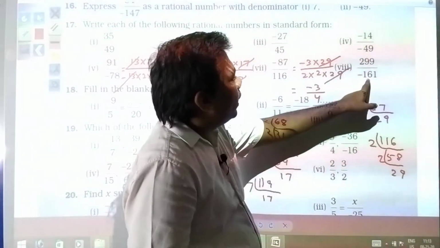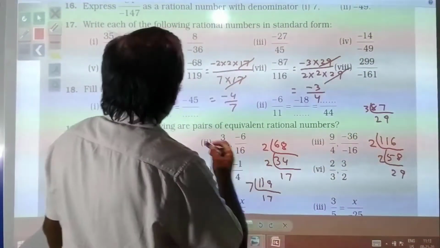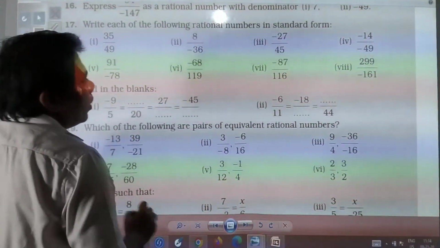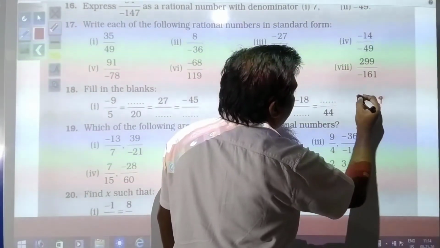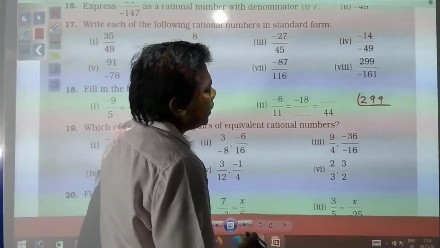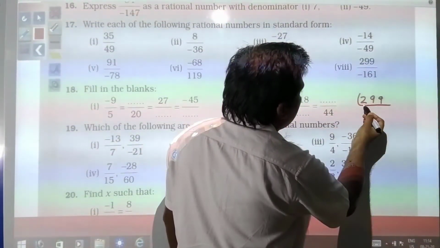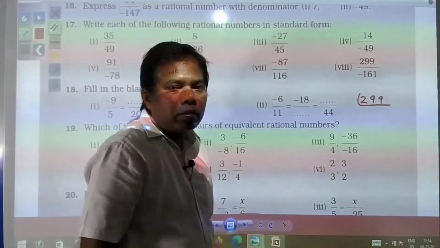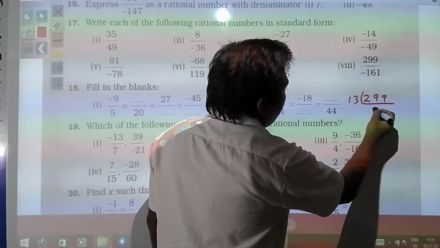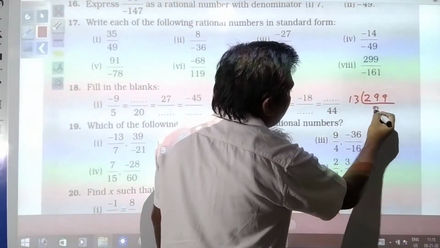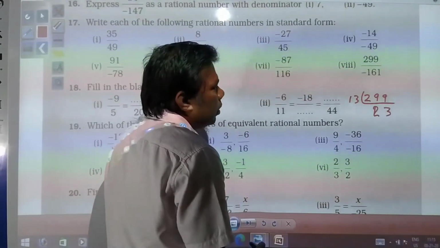Here 299 and minus 161 you have, again the same thing will be required to be done. 299 you have, so you need to divide this. Here you see 13 1s are 13, 13 2s are 26, and 13 3s are 39.